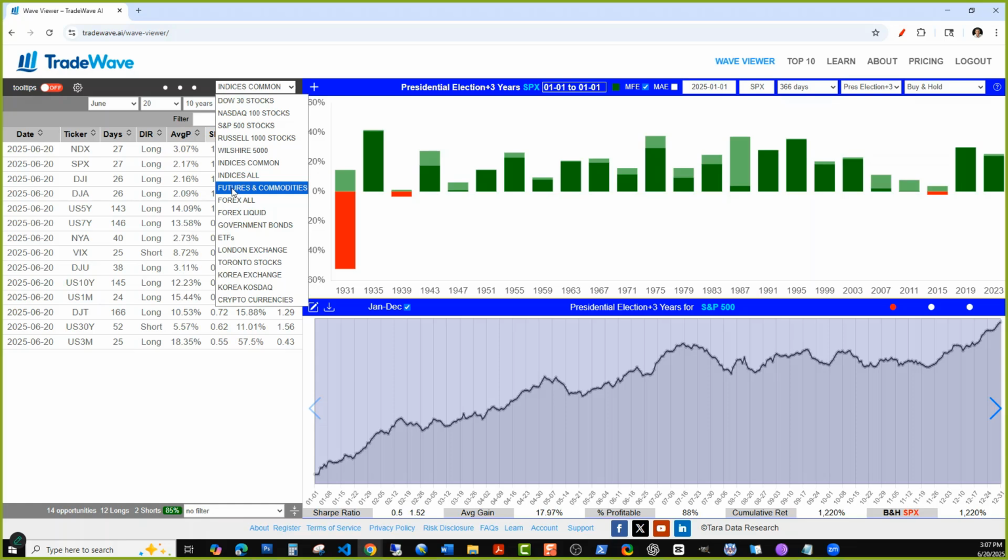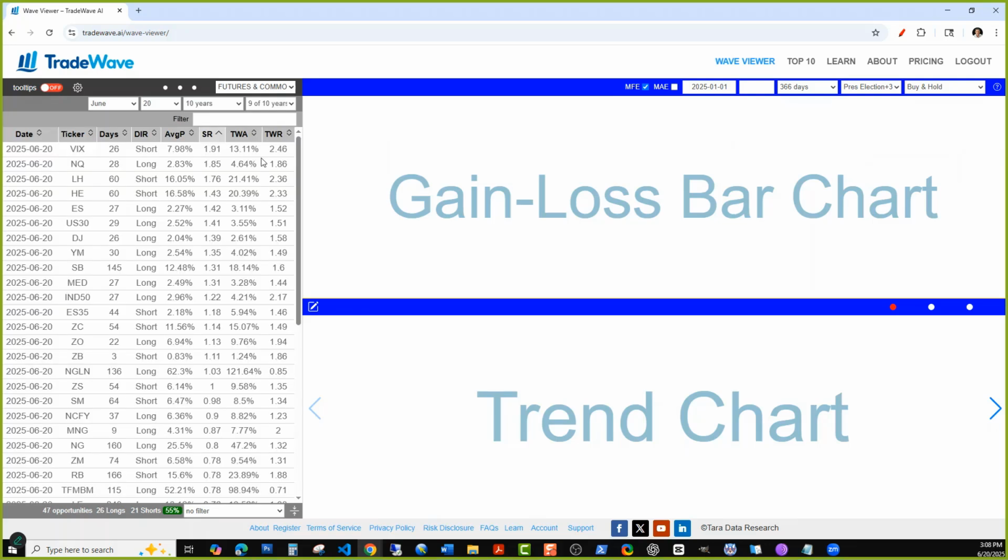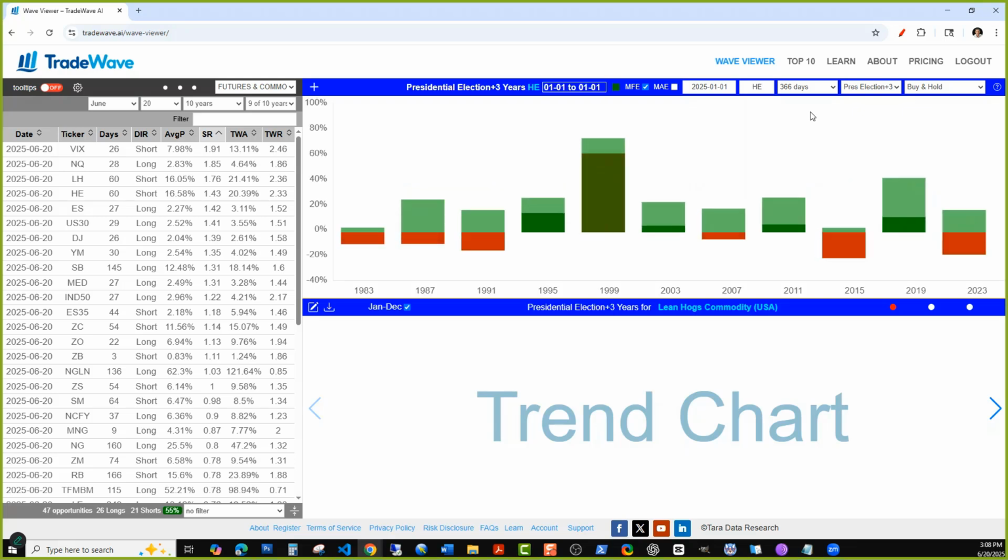It's been correct 44 out of the last 45 years in a 2-week period. Bullish and 2-week period, you said? 2-week period. I can quickly show it to you before we finish. Lean hogs. That's amazing.